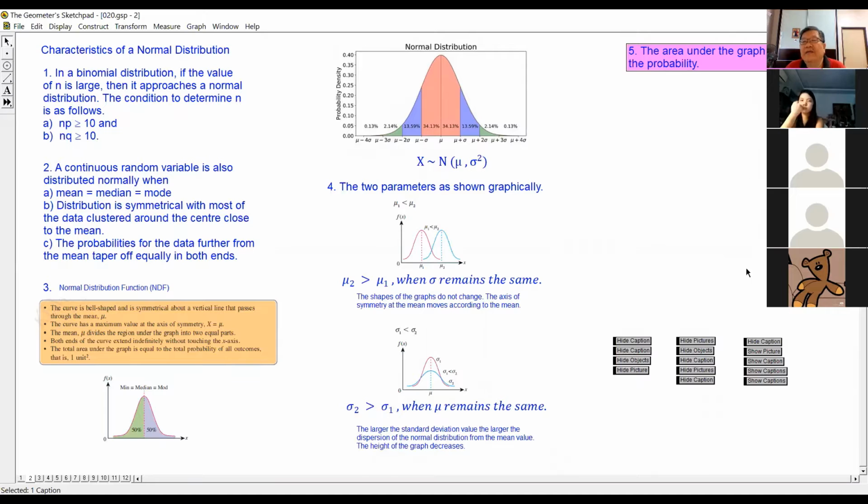Area under the graph represents the probability. So let's say, for example, there are two vertical lines.